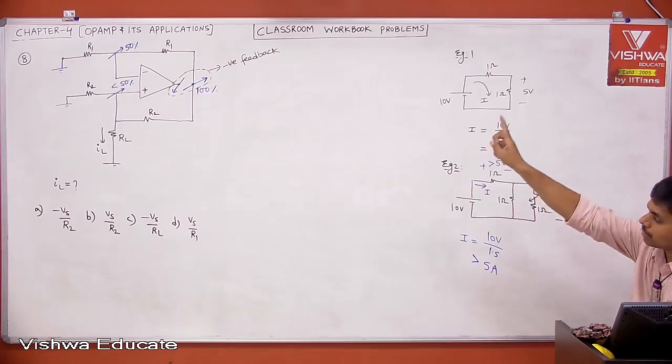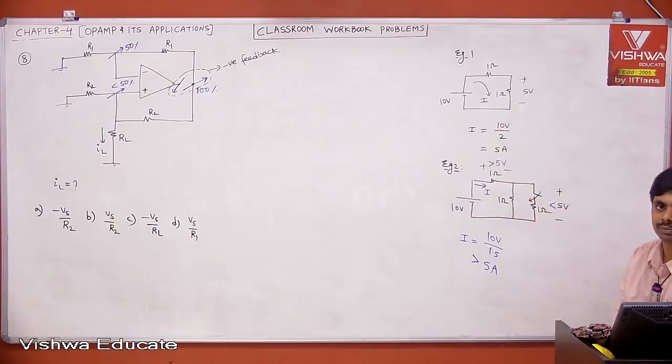Therefore, IL is nothing but the current which is flowing through RL. If you understand the steps to be followed, then once you know that, nodal analysis and then finding IL, done. Problem is over. Only mathematical analysis, mathematical equation manipulation, that's it.